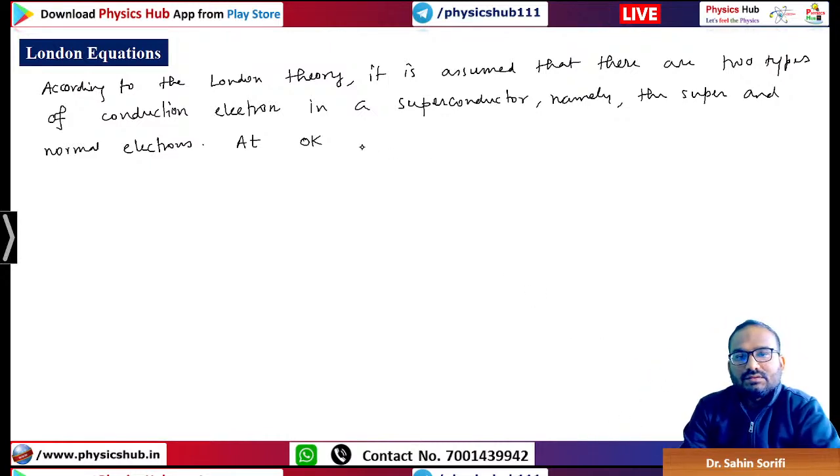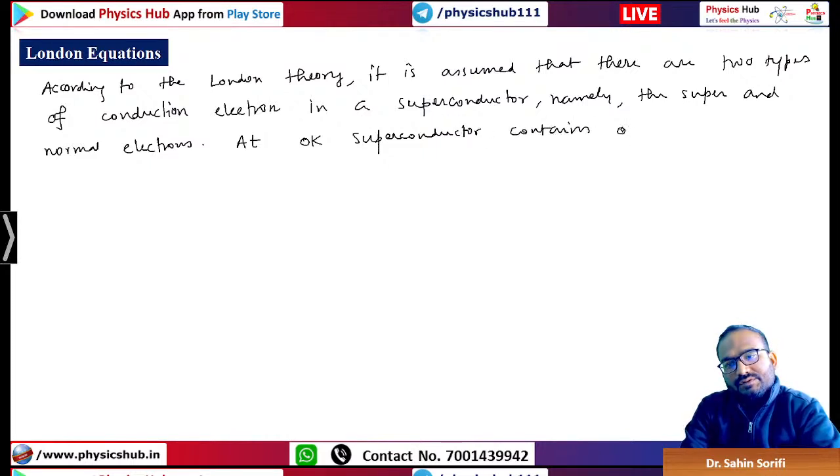At 0 Kelvin, the superconductor contains only super electrons. That is quite obvious.